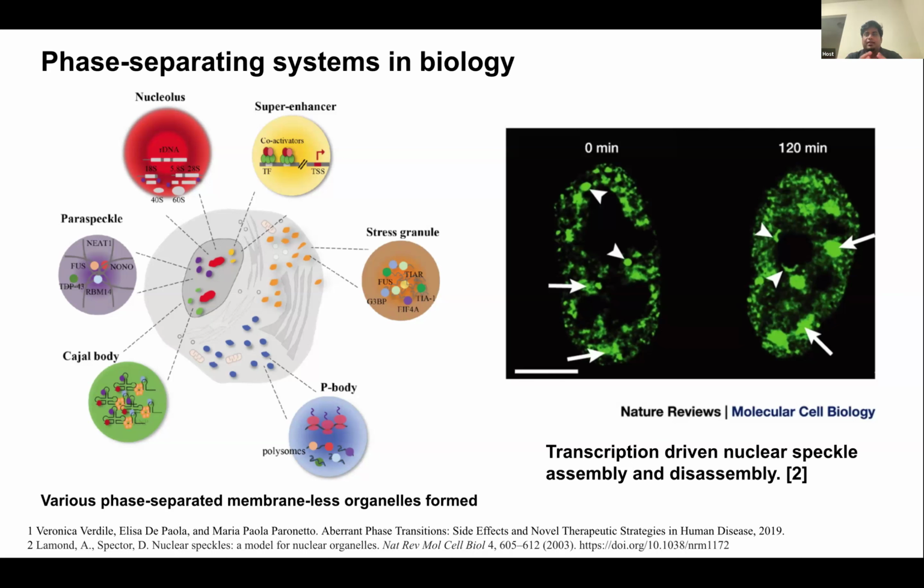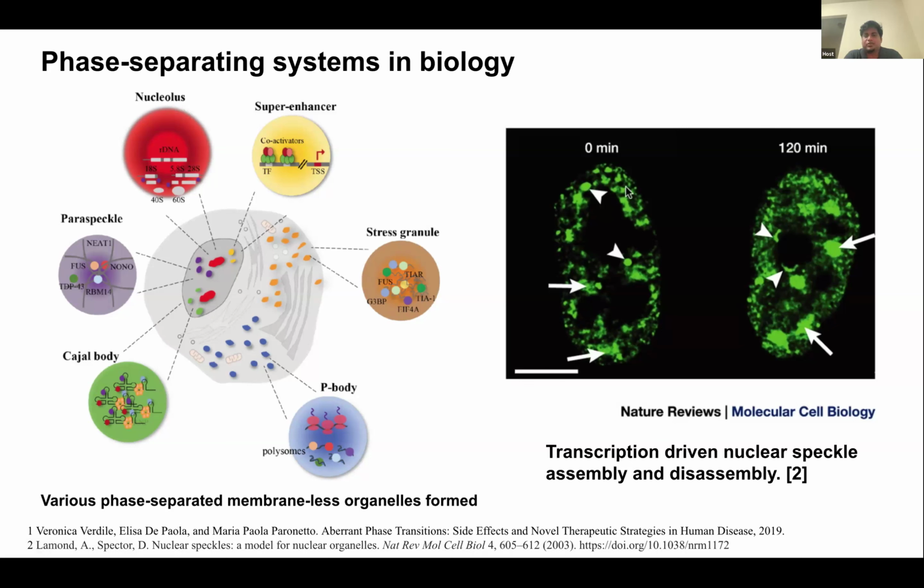These tend to come together and interact and form a membraneless organelle, for example, a nucleolus or a paraspeckle. So these organelles have a function, but they don't have any membrane like the endoplasmic reticulum or a Golgi body. In the left image, you can see these things. These are examples of phase separating systems in biology.